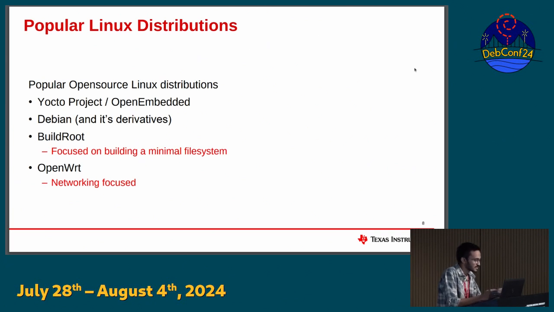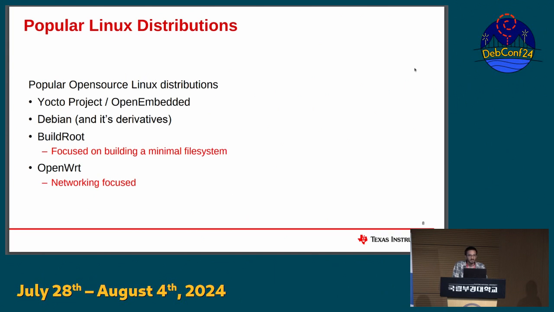So it's a distribution builder, and then we have Debian and also its derivatives. We also have Buildroot and OpenWRT and other stuff, but we'll skip Buildroot and OpenWRT here because Buildroot is mostly focused on building a very minimal file system, and OpenWRT is mostly networking based. So we'll only discuss the Yocto and Debian projects here.